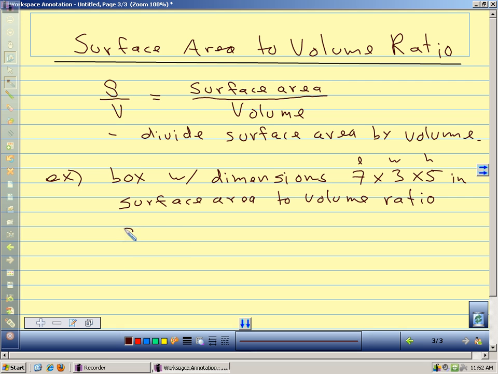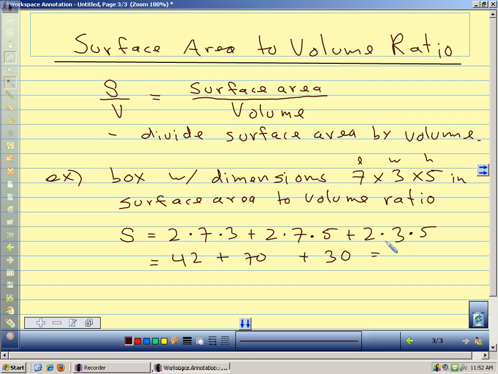So let's calculate our surface area first. Surface area is 2 times 7 times 3 plus 2 times 7 times 5 plus 2 times 3 times 5. Calculating these out, we get 42 plus 70 plus 30.